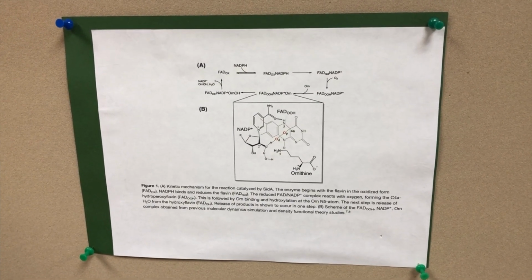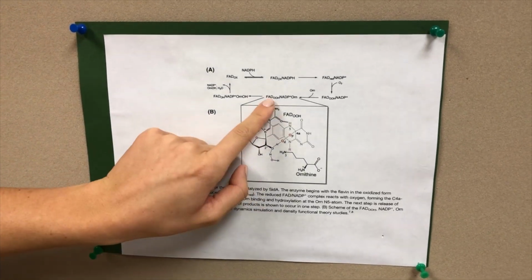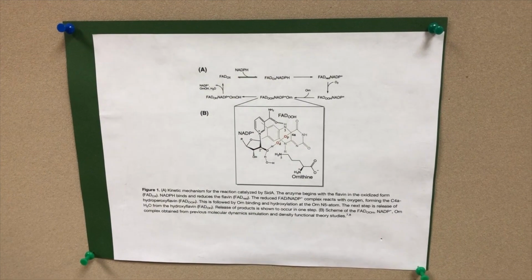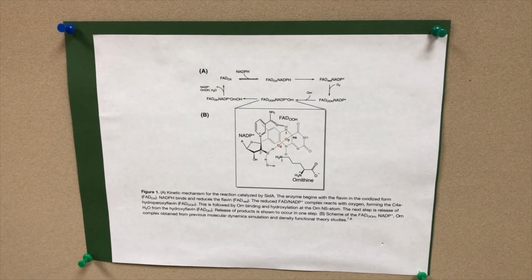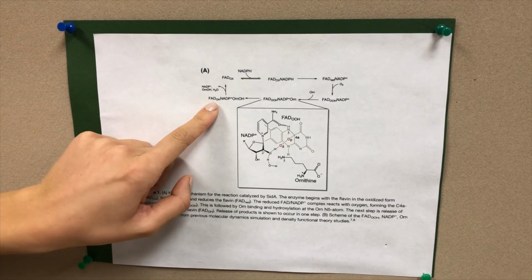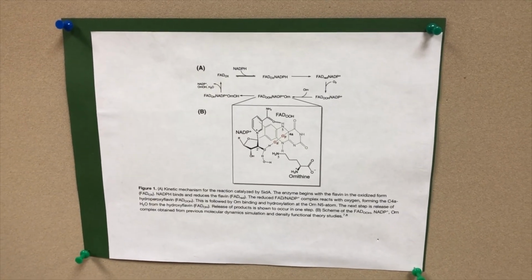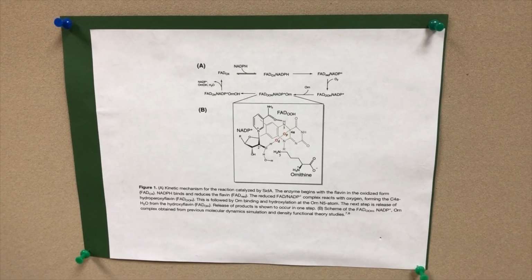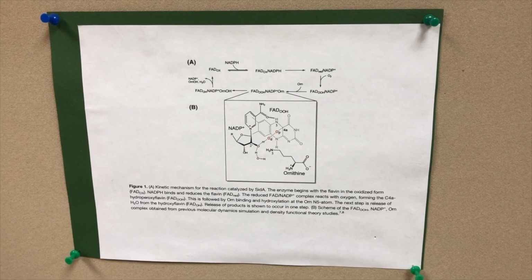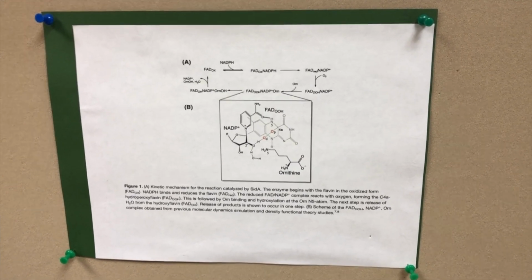Following this, water is released from the hydroperoxyflavin to form the oxidized form of FAD, or the hydroxyflavin. The products of this reaction are NADP+, water, oxidized ornithine, and the hydroxyflavin, which remains attached to the enzyme. This completes the reaction as discussed in the article.